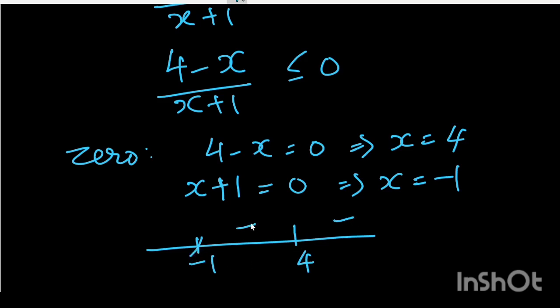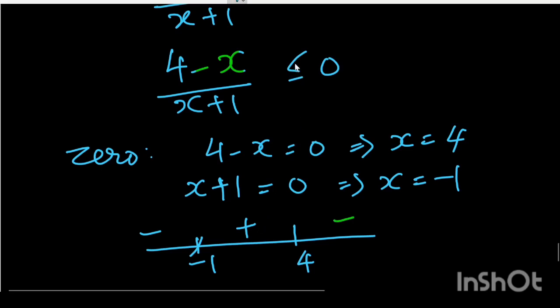Now minus plus minus, because the coefficient of x in this is negative. If an even number of negatives are present in the inequality, then they will neutralize. Only if there is an odd number of negative coefficients of linear factors will we start with the minus sign, guys. So minus plus minus.